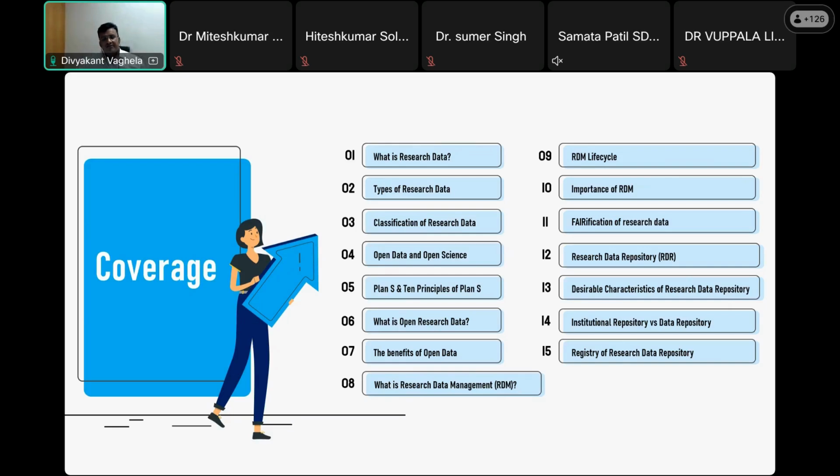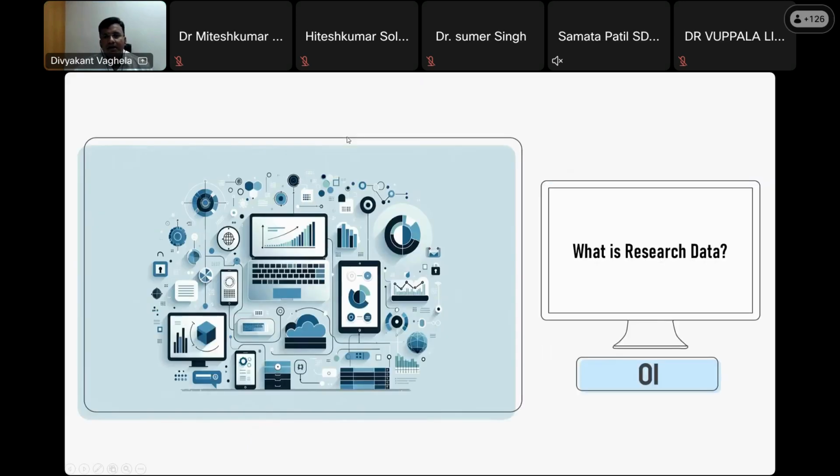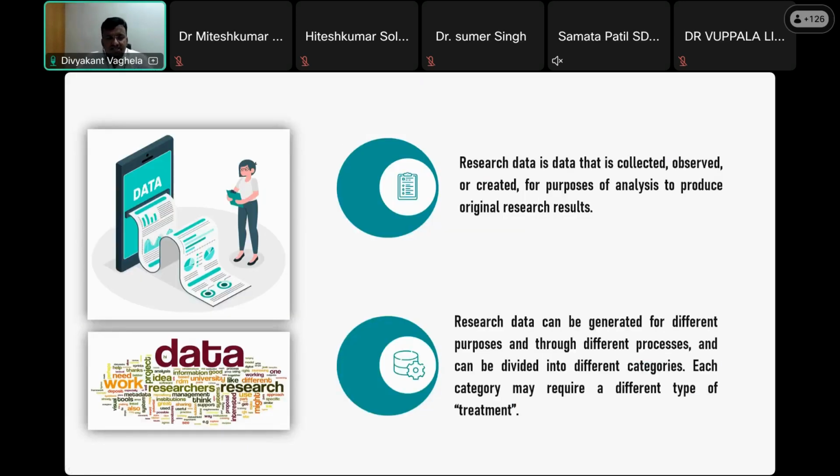Starting with what is research data? Research data is basically data collected, observed, and created for the purpose of analysis to produce original research. For generating research data, you need different processes, because it is for different purposes, and it can be divided into different categories, like tourism data, educational data, industrial data.